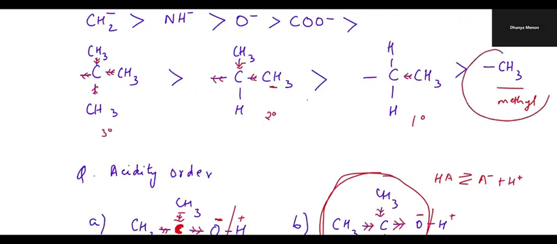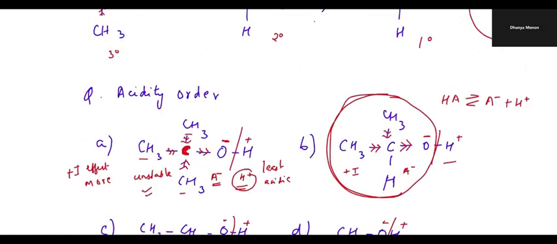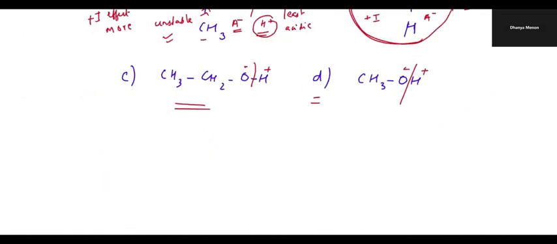So if it has the least plus I effect, the electron donating tendency is there, but less compared to others. So that means this A minus ion is stable.